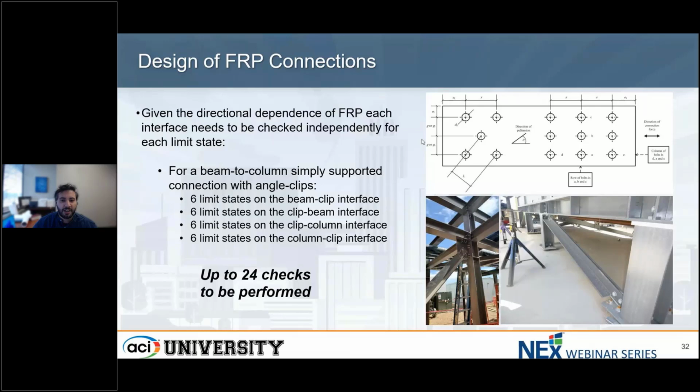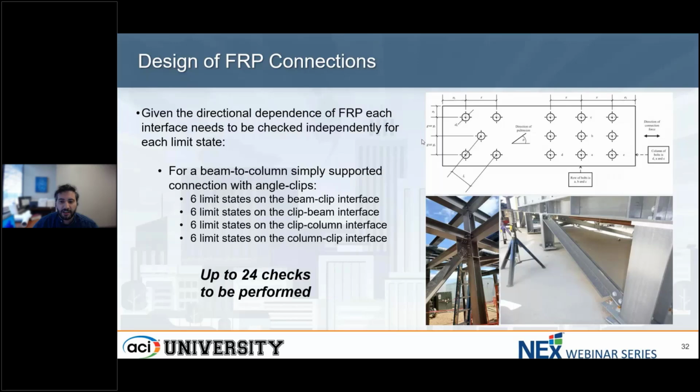And very much so when it comes to connections, it becomes a matter of properly defining our parameters, because they will depend on the direction of the force. For example, in the image on the top right, you can see the various geometrical parameters of a simple connection.